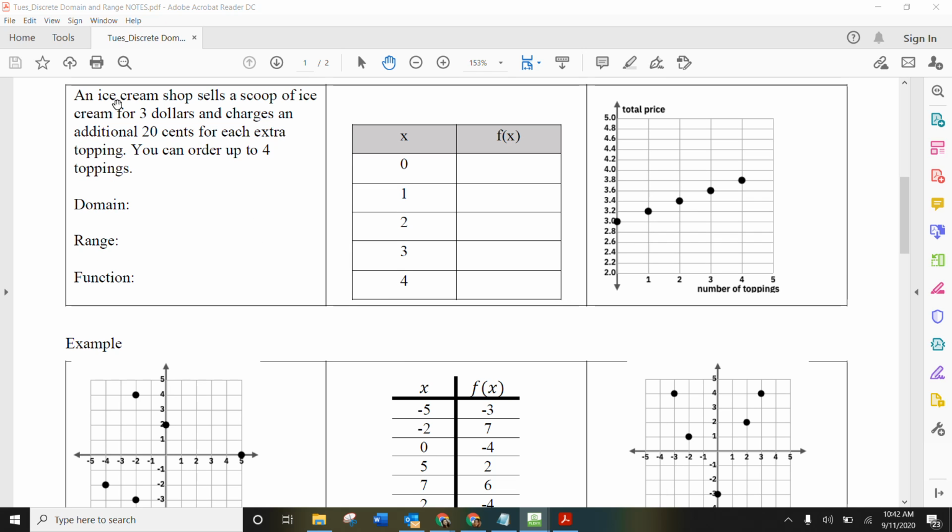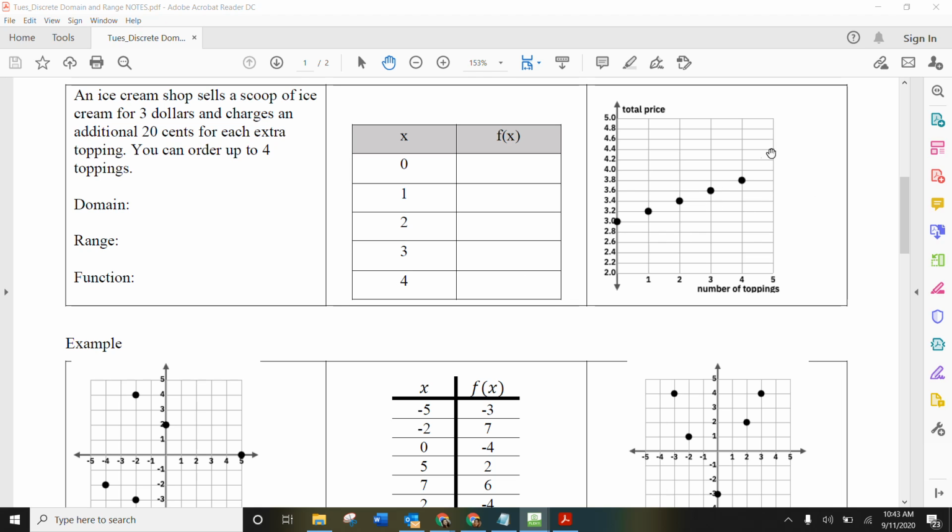So the example that we had here, the ice cream shop sells ice cream scoops for $3 and then charges an additional 20 cents for each topping. So in this case, we are counting each topping using whole numbers, and we can't say, oh, I'm going to get 1.5 toppings. No. You're either getting 1 topping or none, or 2 toppings. All right. We can't go anywhere in between whenever it comes to discrete data.